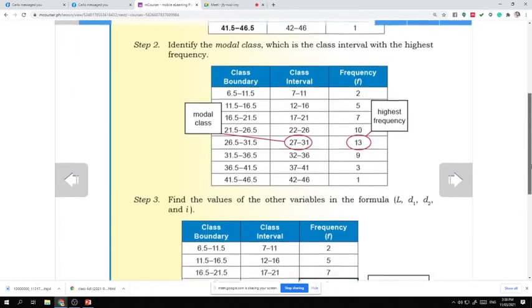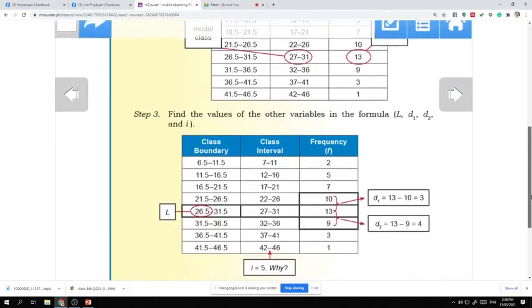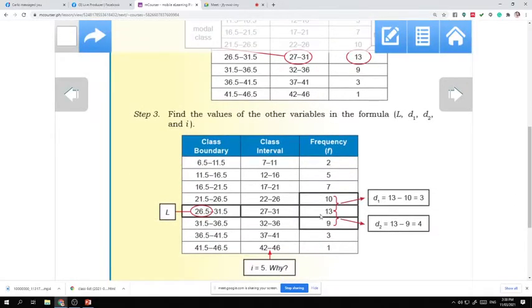Okay, let's go to step number 3. This will be now step number 3. Okay, our modal class has a frequency of 13. The frequency before it, meaning the one above, I will subtract 10 from 13, that's 13 minus 10, which we call D sub 1. And if I subtract 13 and 9, that is D sub 2.